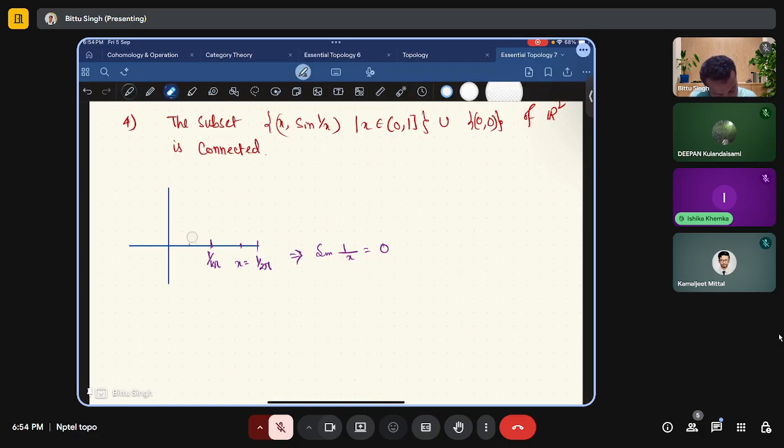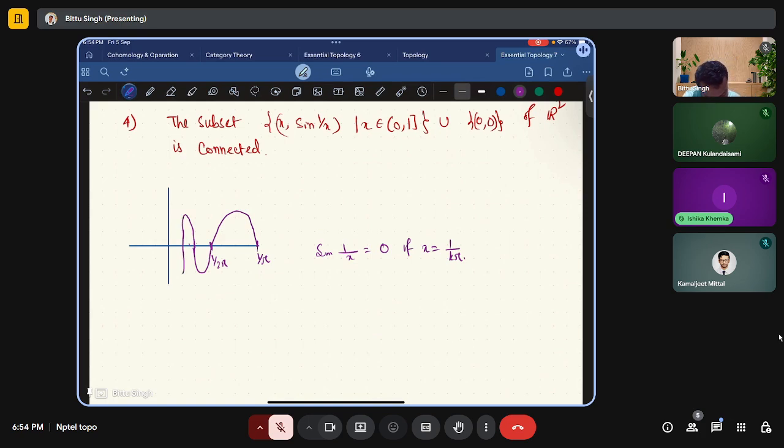So let me draw it in a better way. Sine 1/x is 0 if x equals 1/(k pi). So this is the x-axis. At this point it is 0. Suppose this is 1/pi, then at 1/(2 pi) it is 0, then 1/(3 pi). So the curve will be like this.